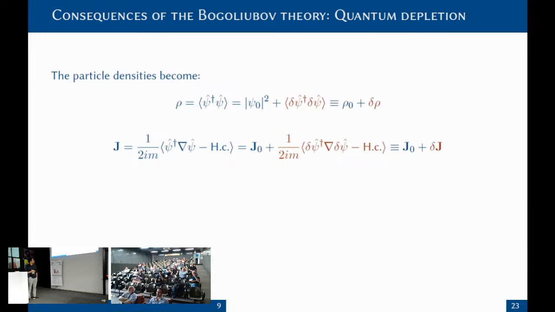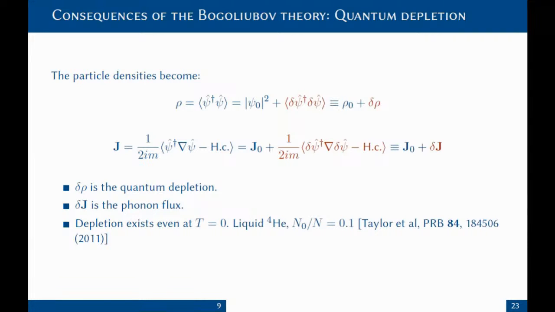We do have the background current plus the perturbation. This delta rho is called the quantum depletion, and it models the number of particles that actually got out of the condensate, that are not in the condensate phase. And this phonon flux is, as the name says, the flux of perturbations over this condensate background.